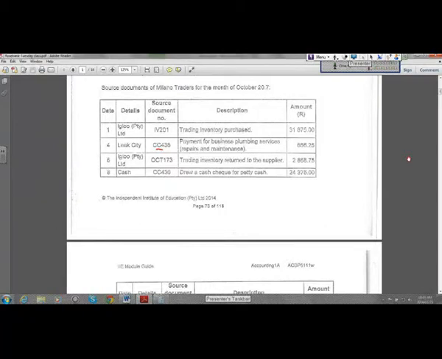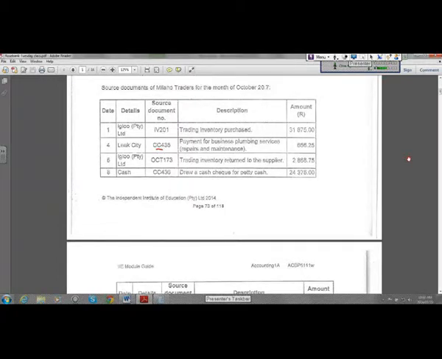Here they describe the transaction that has taken place, and then you've got the amount in the last column. All right, so number 1 is saying we have bought inventory, and then the source document is invoice.